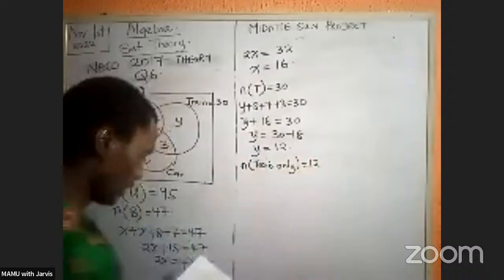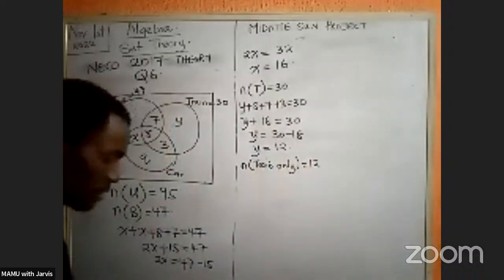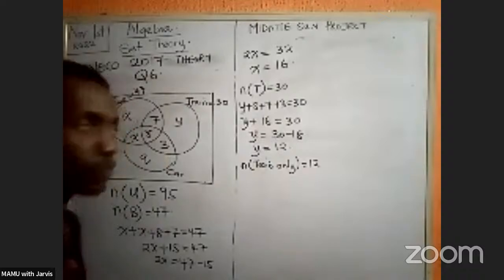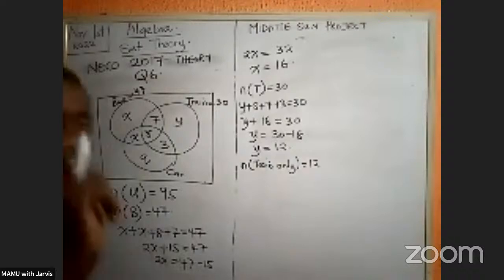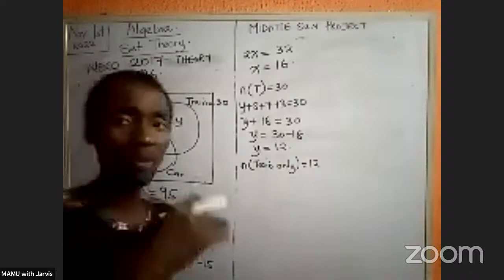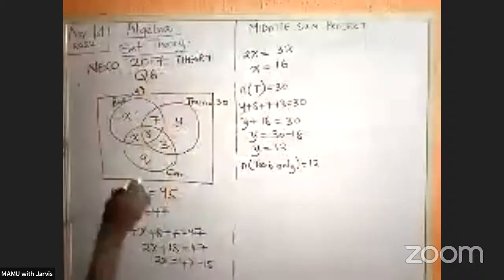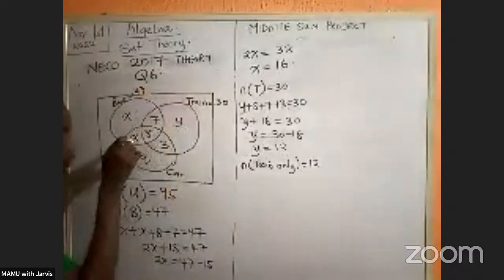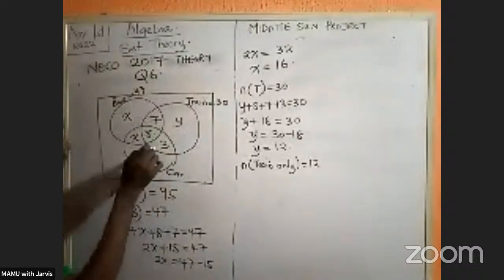Now that said, the number who traveled by at least 2 means of transportation. At least, meaning that the least number of transportation they are using is 2. And that will be exactly 2 or above 2.